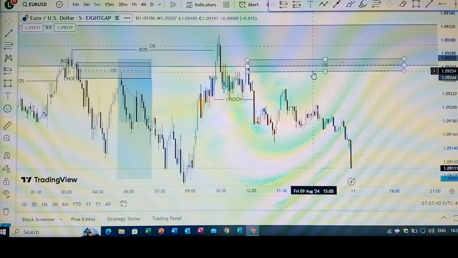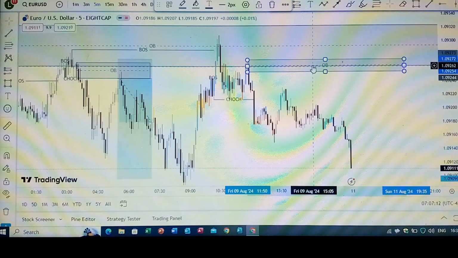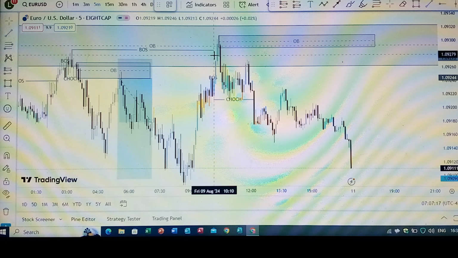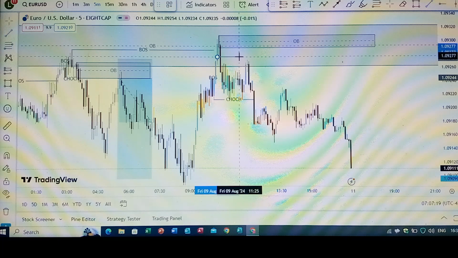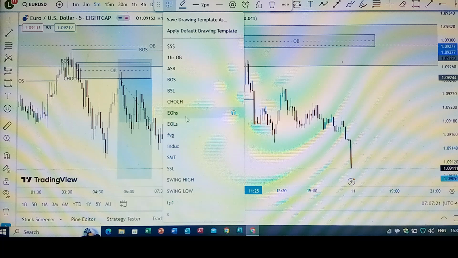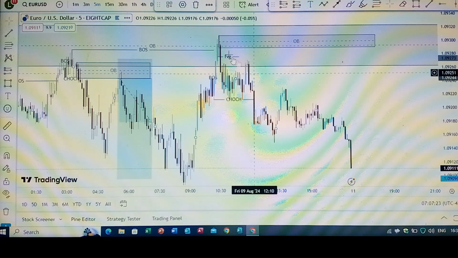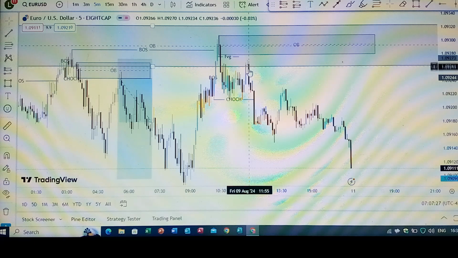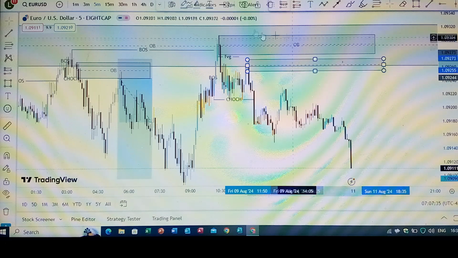So this is my deciding level of supply, and this is my original level of supply. Since we have some fair value gap here, some imbalance, and we have our point of interest, you either take it from our deciding level of supply or our original level of supply.